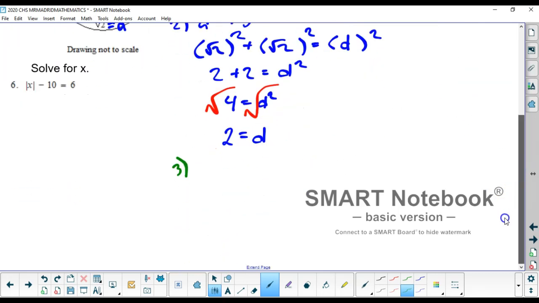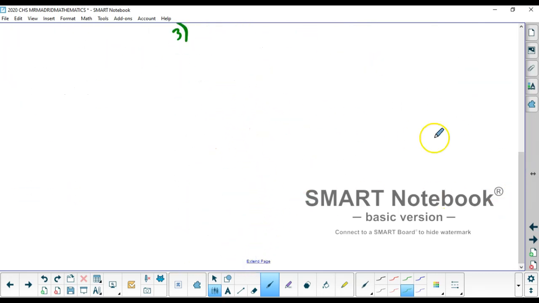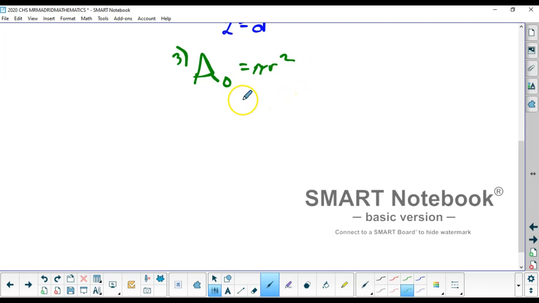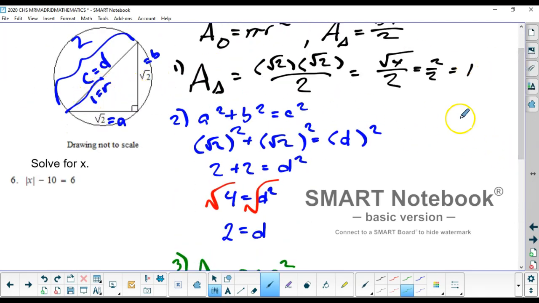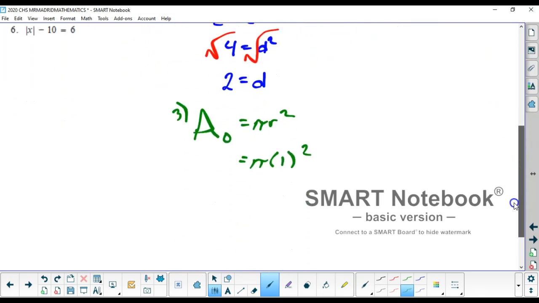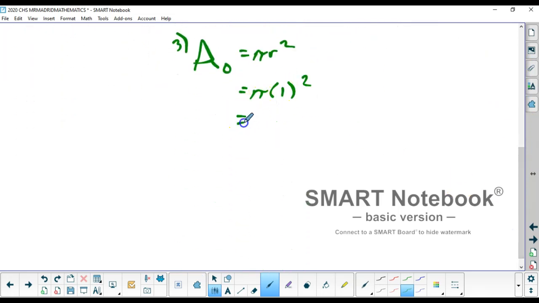So the area of the circle is pi r squared, which equals pi 1 squared, since r is 1. And 1 squared is 1, and 1 times pi is pi.